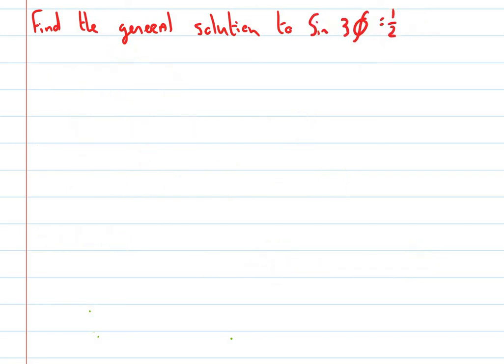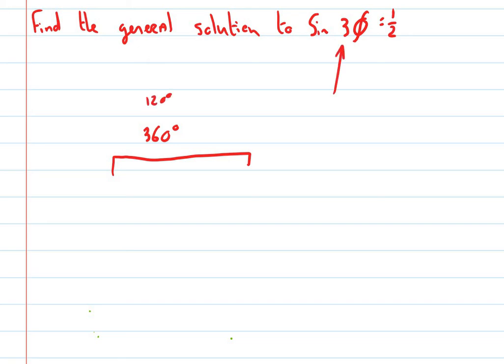Okay, last one then. It says find the general solution to sine 3 theta equals a half. So what that means is, rather than our period being 360 degrees, it'll be divided by 3, so it'll be 120 degrees.